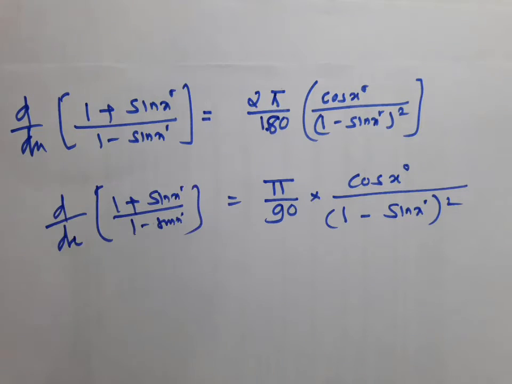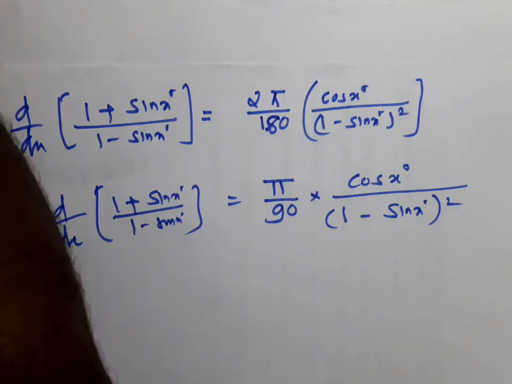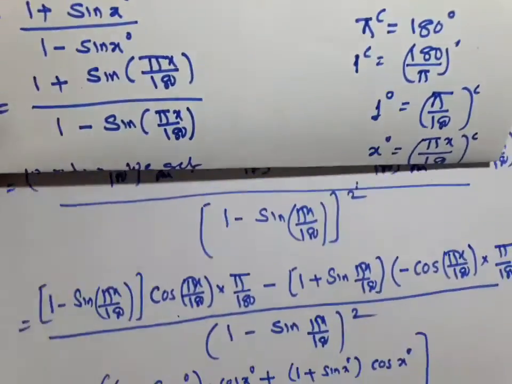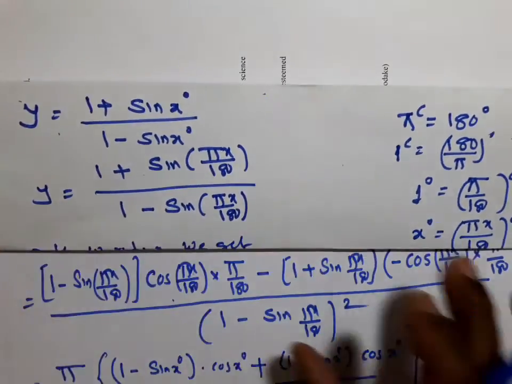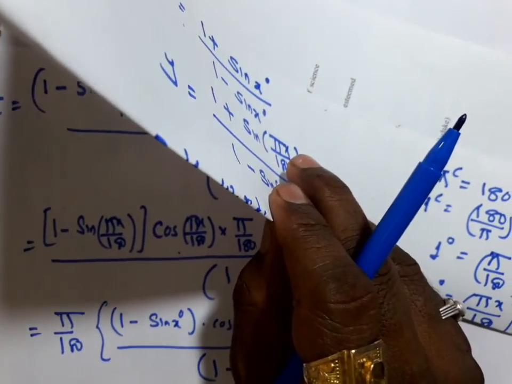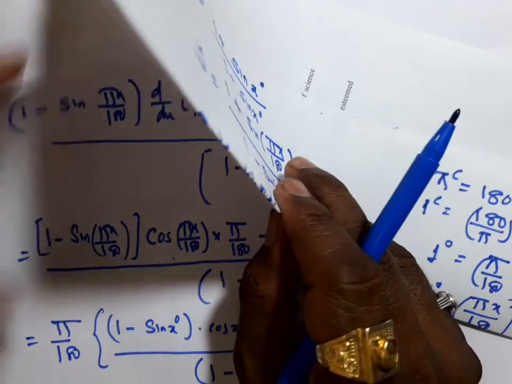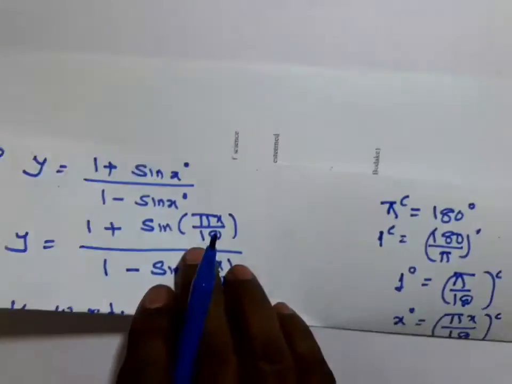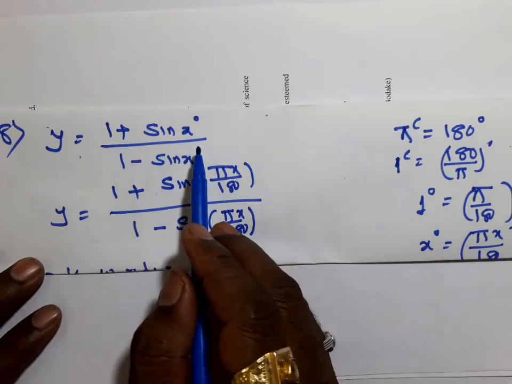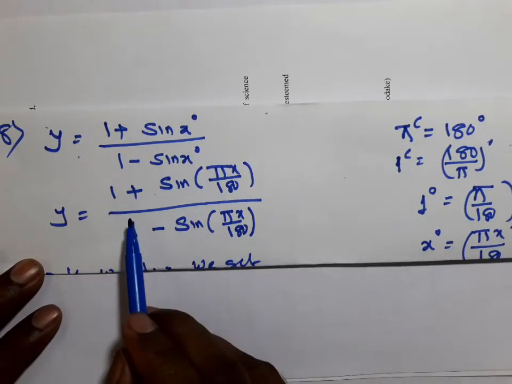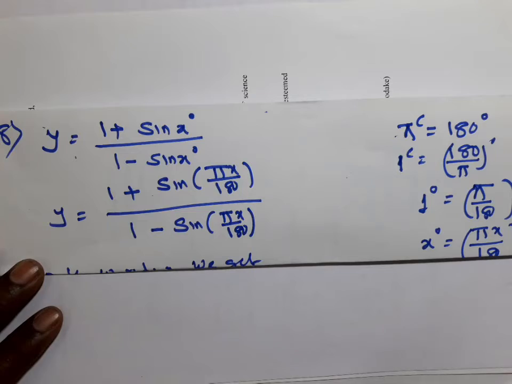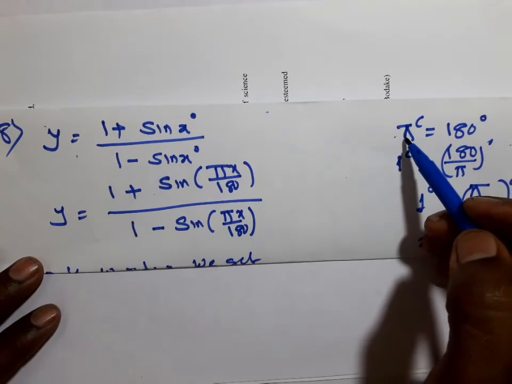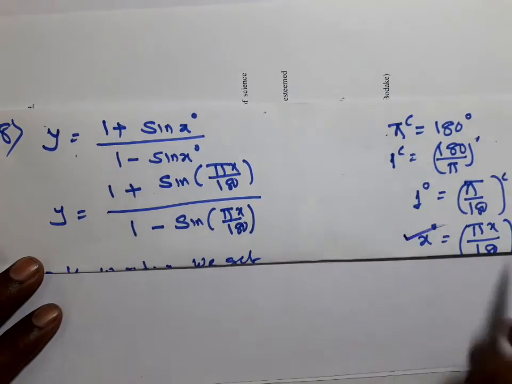Now I am repeating again each and every step. Listen. This is our example: (1 plus sin x degrees) upon (1 minus sin x degrees). As I told you, the angle must be in radians. So convert degrees into radians by this formula.